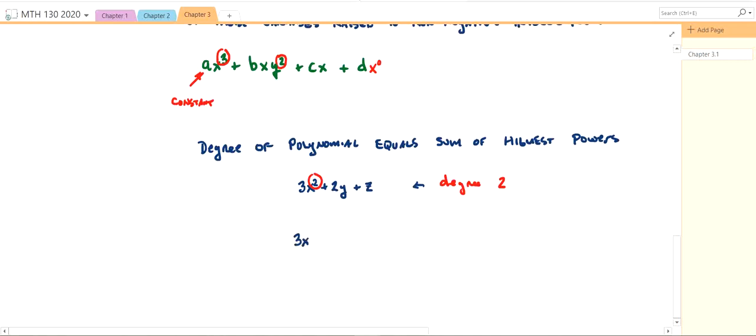Suppose I have 3x cubed plus 2y squared x squared plus z squared. Well, the degree of this, you might think it's 3 because this is in the front, but it's not. It's actually 4. And the reason it's 4 is because this is raised to 2 and this is raised to 2, and we add these together. So the degree here is 4. It's a 4th degree relationship.